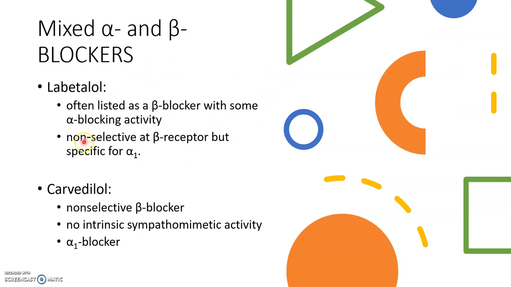This drug is non-selective at beta receptors, but it is specific for alpha 1. Carvedilol is a non-selective beta blocker, and it has no intrinsic sympathomimetic activity. It also is an alpha 1 blocker. So in general, you have to remember at least that labetalol and carvedilol are mixed alpha and beta blockers.